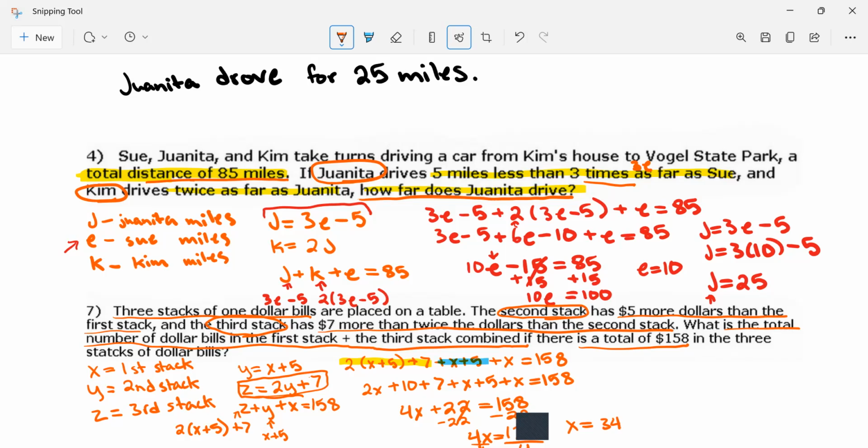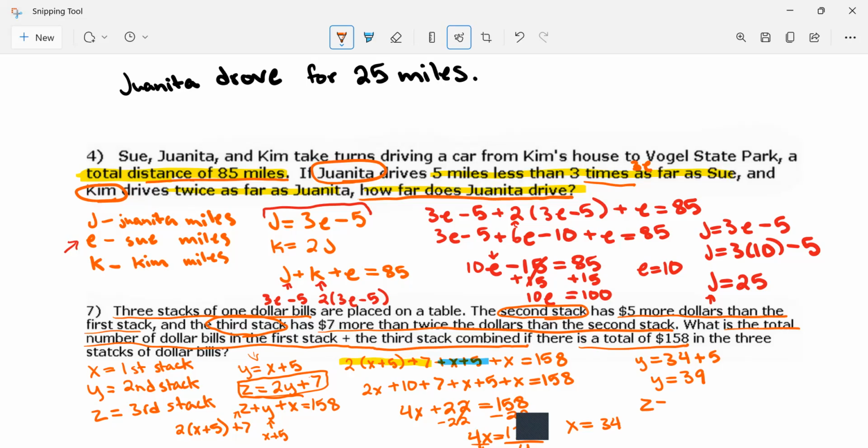To find the third stack, we have to solve the second stack first because we need to know what y is. So we're going to substitute 34 for x. So y equals 34 plus 5. y equals 39.